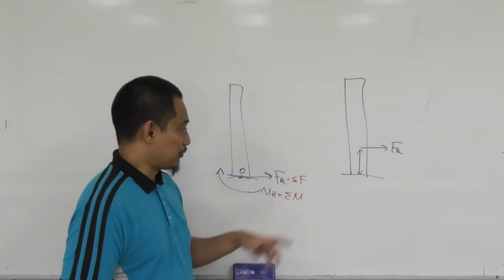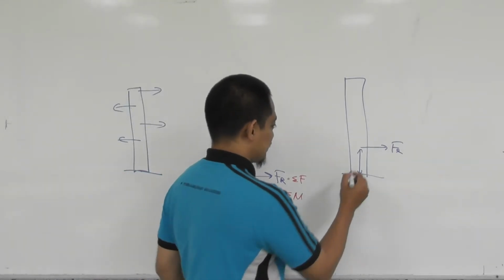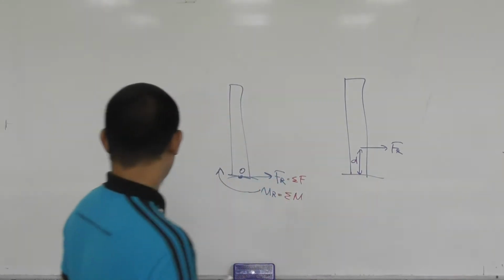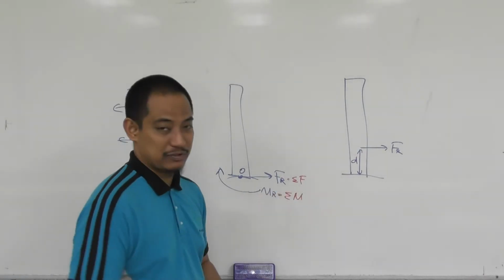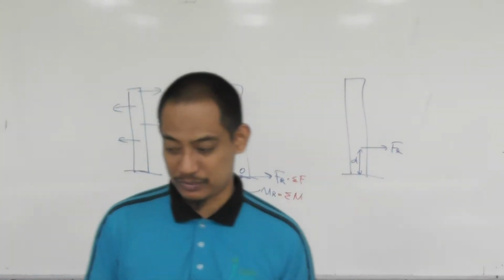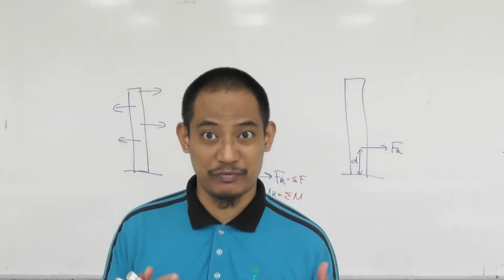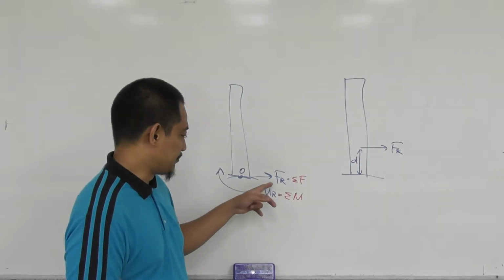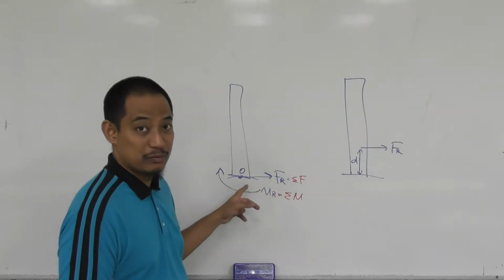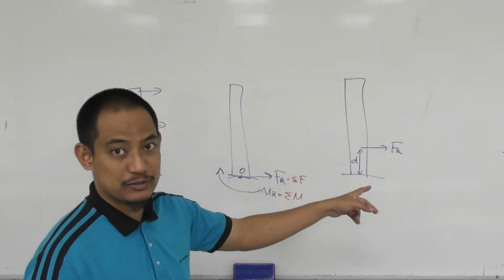Okay, so how do you know this distance D, let's say, right? Is there any D before? Let's say this is distance D, and we need to find that. So that's normally what is being asked if you do further simplification, right? Because further simplification, you further simplify from two, which is force and moment, into just force, right?